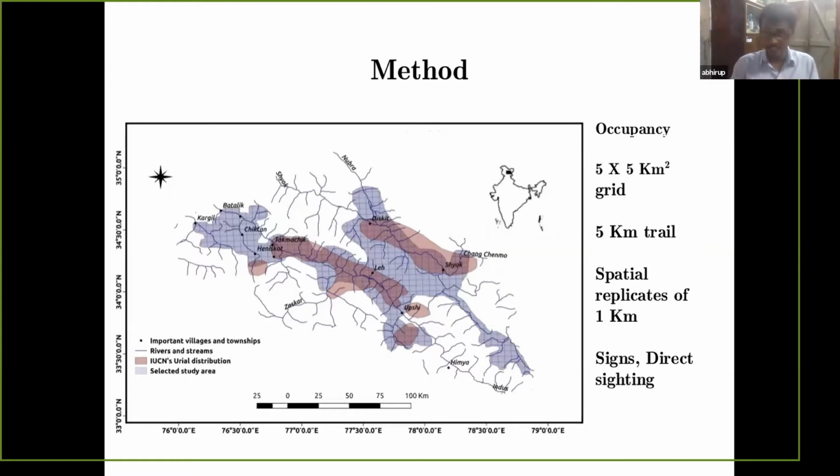And we laid 5 into 5 kilometer grids in those areas.